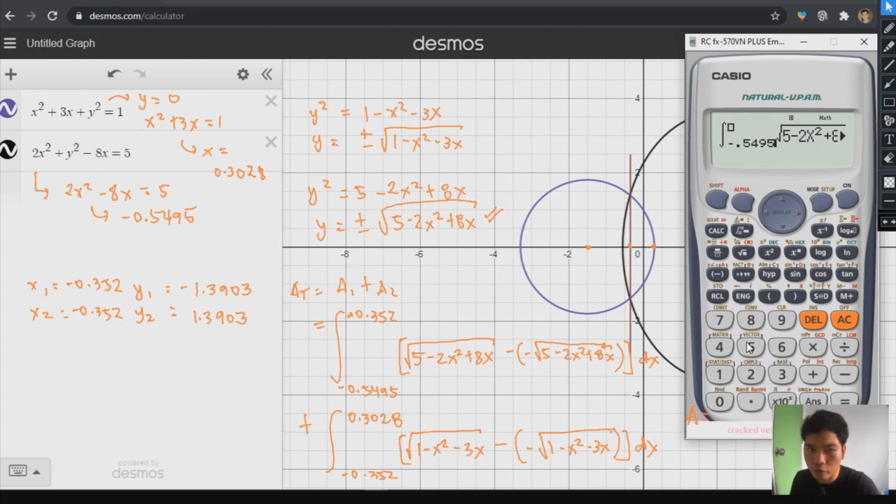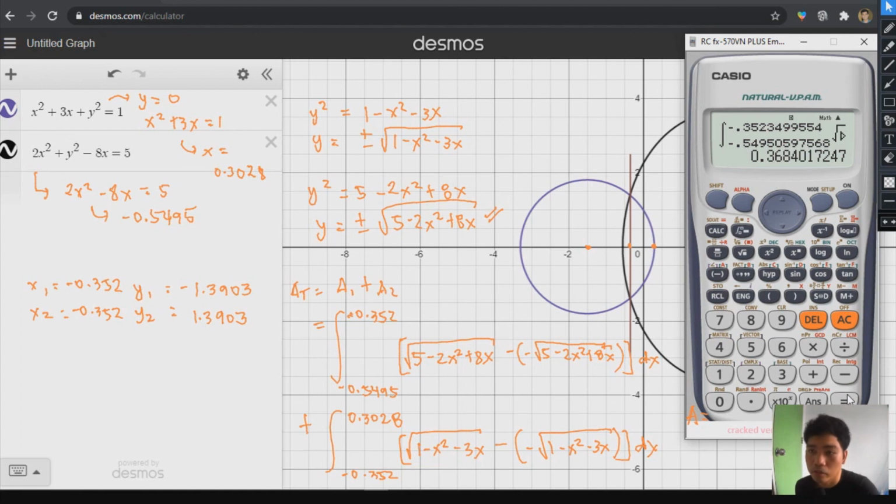So, that's negative 0.5495. So, susulat ko yung values niya na nakastore dito up until dun sa largest value na kaya natin. And then for A, we have negative 0.352. Okay, so from this, I hope kaya ng calculator siyang integrate ng mabilis.